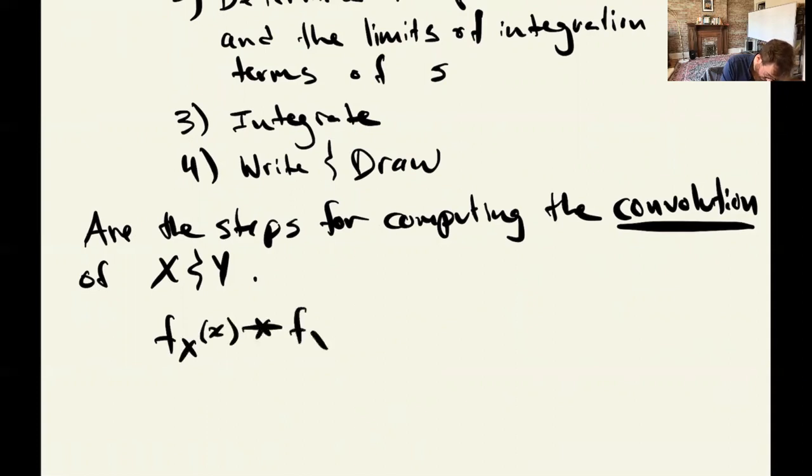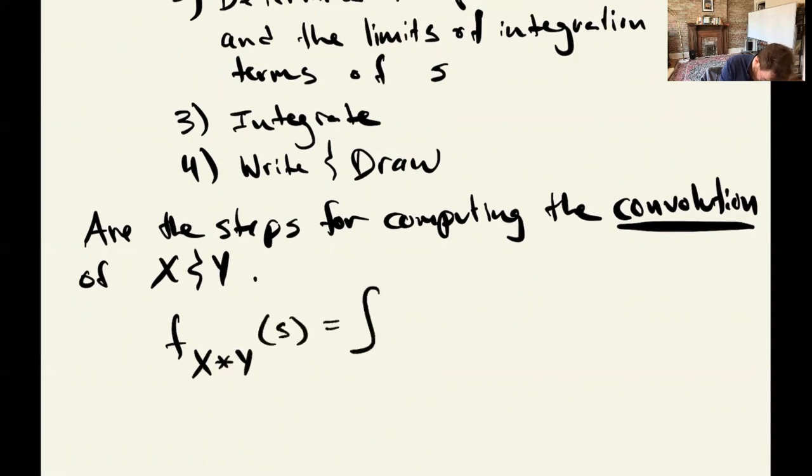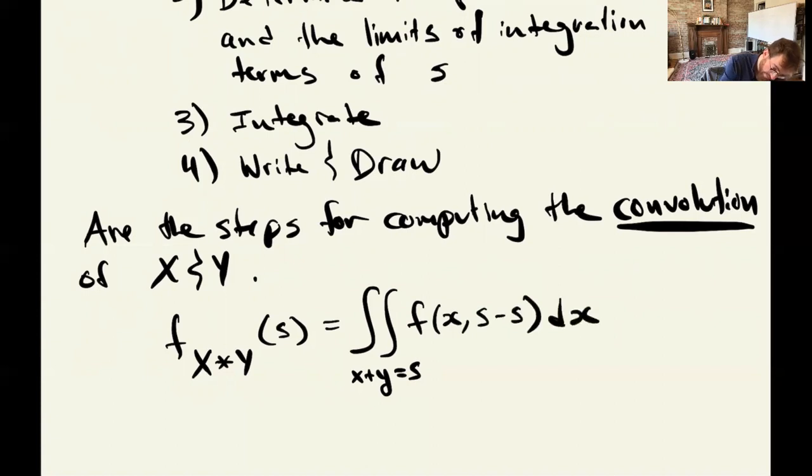So f of S is the integral over the set of points where X plus Y equals S of f of X, S minus X dx.